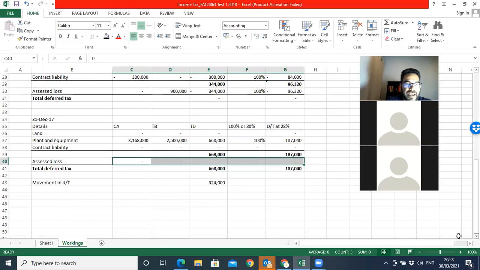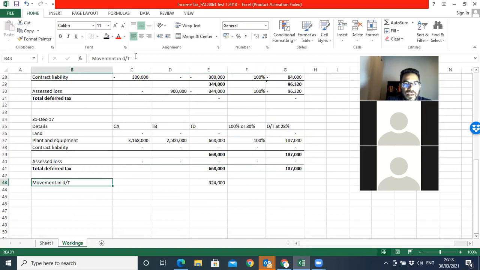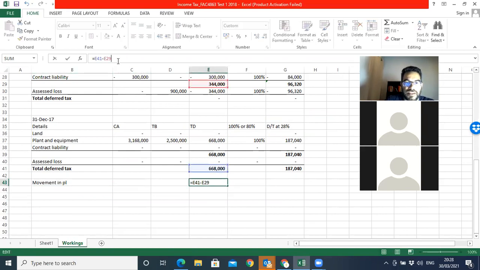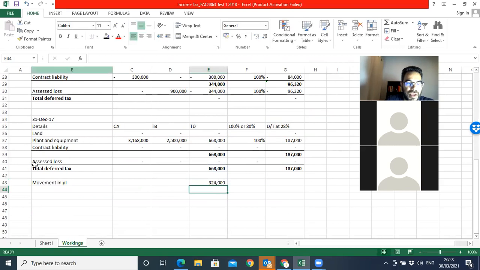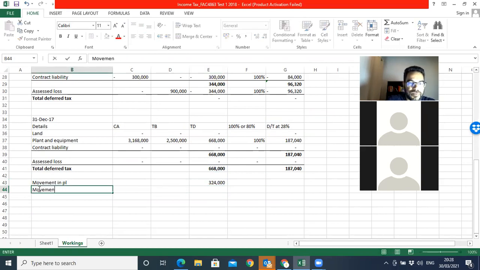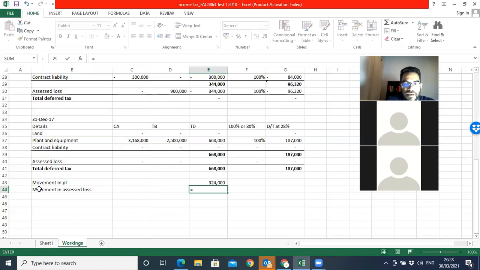So the deferred tax movement through P&L would be the amount excluding the assessed loss, and then the movement in assessed loss you follow the same formula, that minus that.